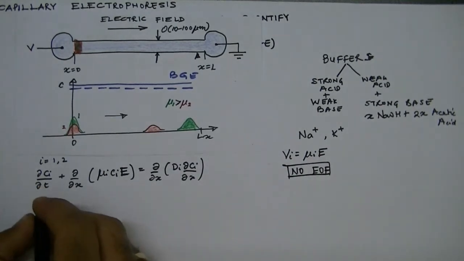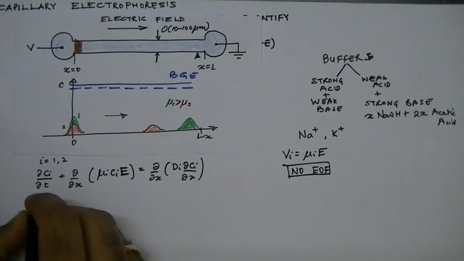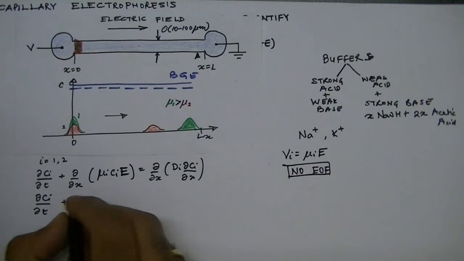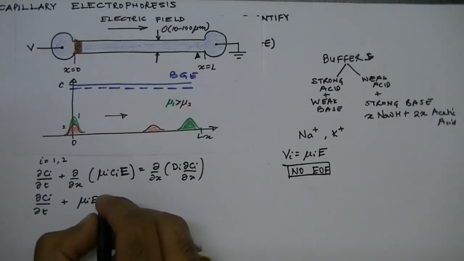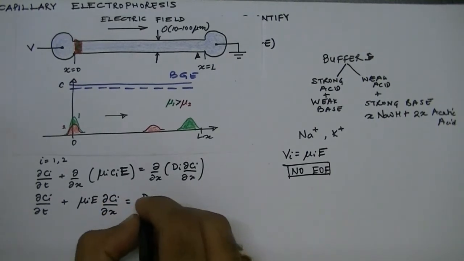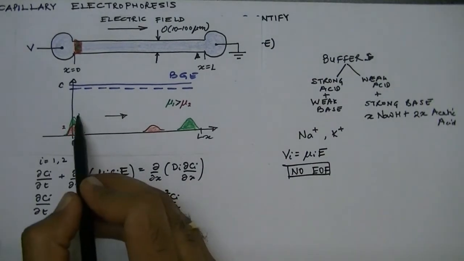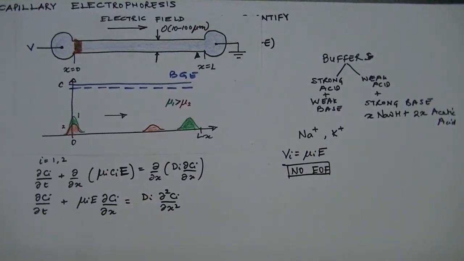So in our case, we'll say that mobility is constant and the electric field is also constant, so we can simplify these two equations as this. These two equations are for species 1 and species 2 over here.